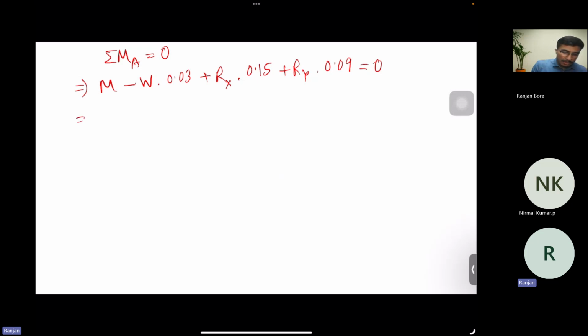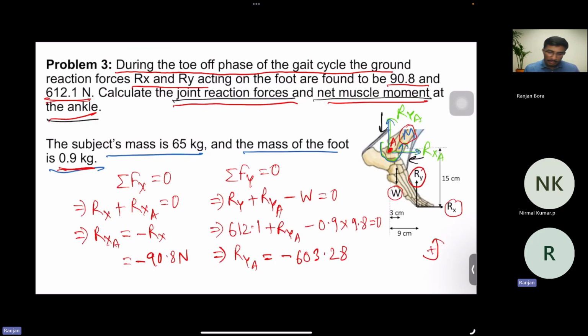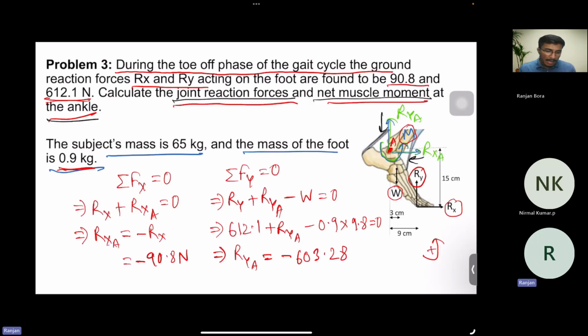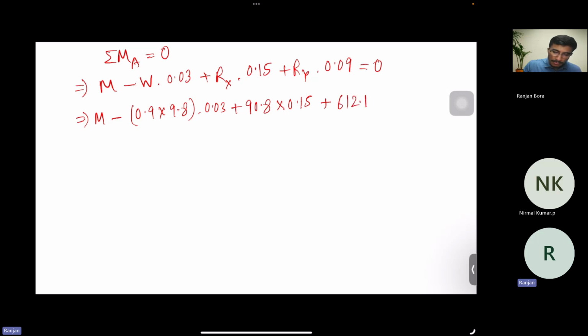Okay, now we'll substitute the values here. M minus W, where W is the mass of the foot 0.9 times 9.8, times 0.03, plus Rx, which is given as 90.8, times 0.15, plus Ry, which is 612.1, times 0.09.